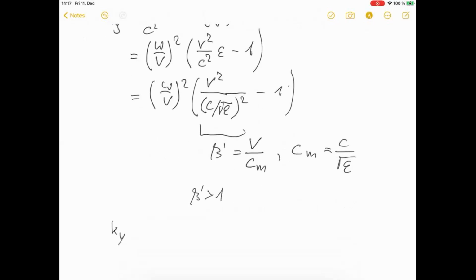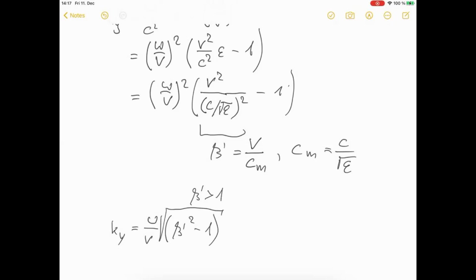This is a wave number, ky, it is omega divided by v, times the square root of beta prime squared minus 1. And for real emission, this has a real solution, because real emission is beta prime greater than 1.